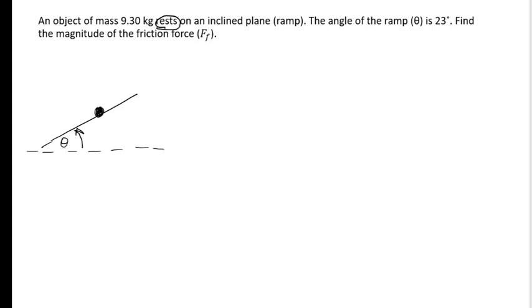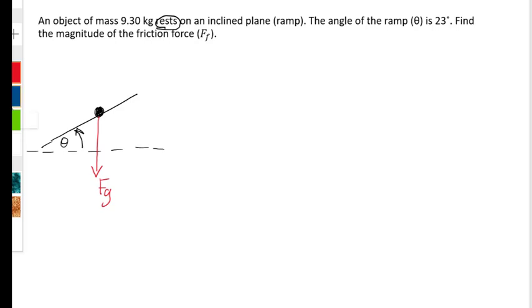So there's always the weight, Fg, which is always straight down. No matter what the orientation of the object, the weight is always directly down. So there's our weight. We also have a normal force because this object is at rest on a surface.